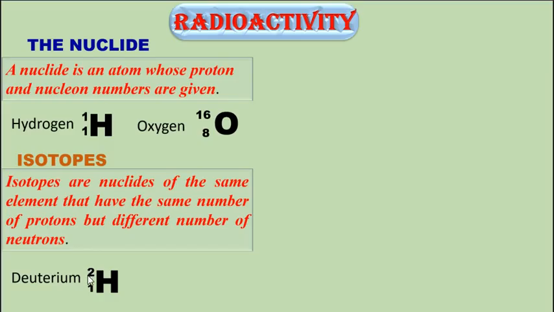That means here there's no neutron, and here you have 1 neutron. Then you have tritium. Tritium is also an isotope of hydrogen, with nucleon number 3 and proton number 1. That means in this particular isotope of hydrogen, you have 2 neutrons and 1 proton, making a total nucleon number of 3.